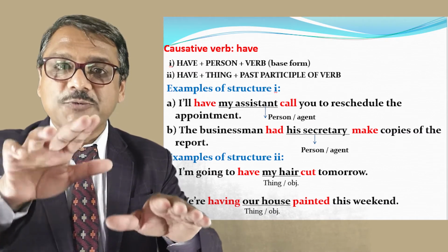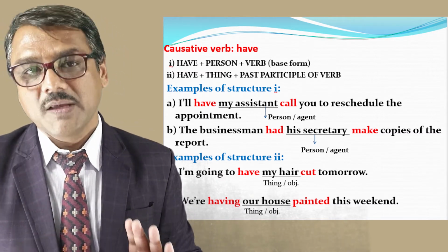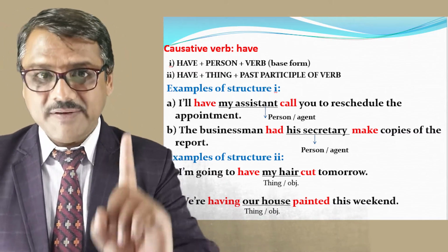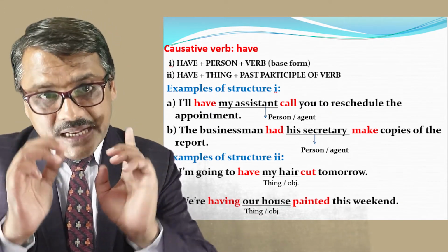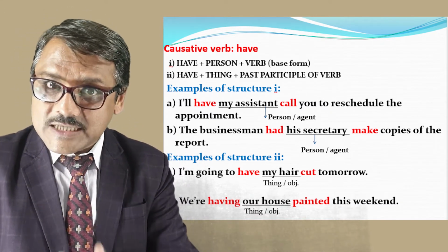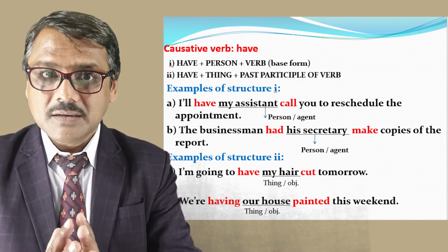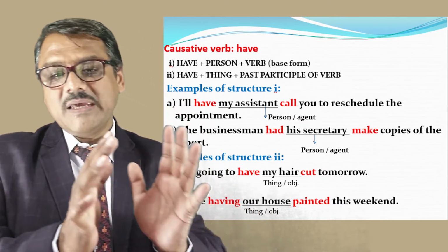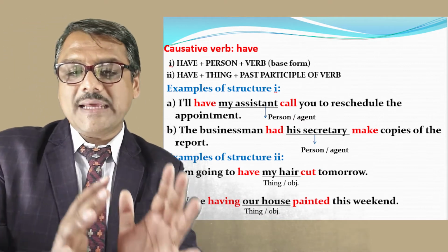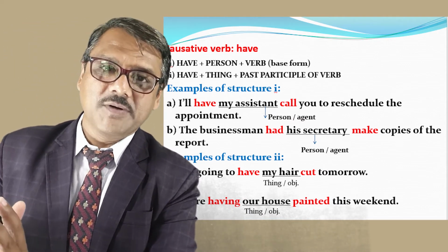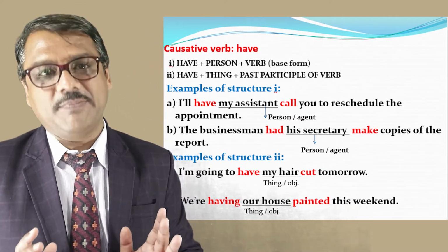If you use have as a causative verb, the meaning of your sentence is that someone has authority, or someone else is responsible for doing something.